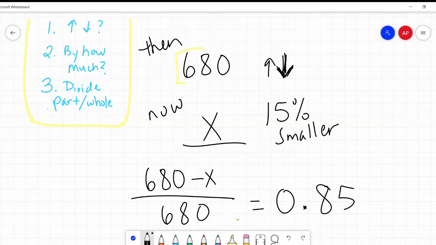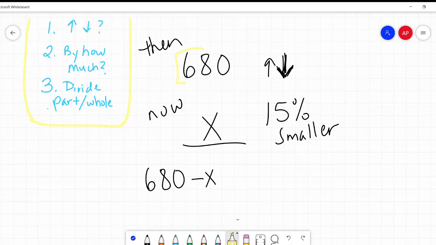This algebraic equation is doable. Personally, I think that's a little confusing. Now, if that makes perfect sense to you, have at it. Go for it. That's awesome.